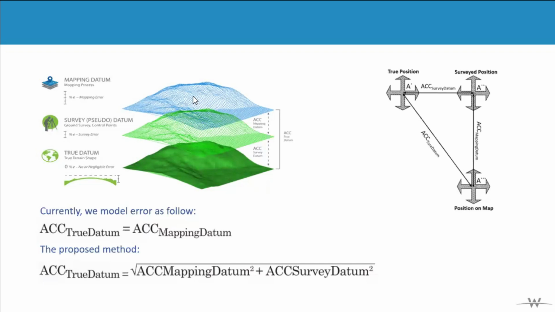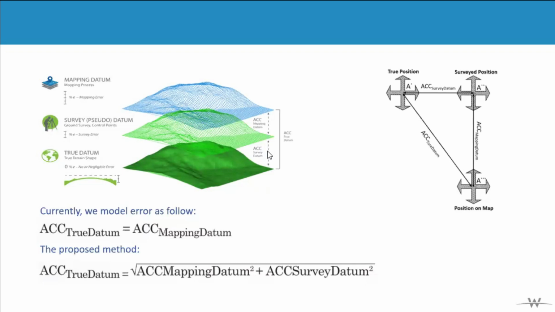So the surveyor, with the best technique they have, tries to approximate the datum, the true value, to the best of their ability by giving us what I call the pseudo datum, which is the green mesh. But that green mesh has error, which is the difference between the true value and the pseudo datum.